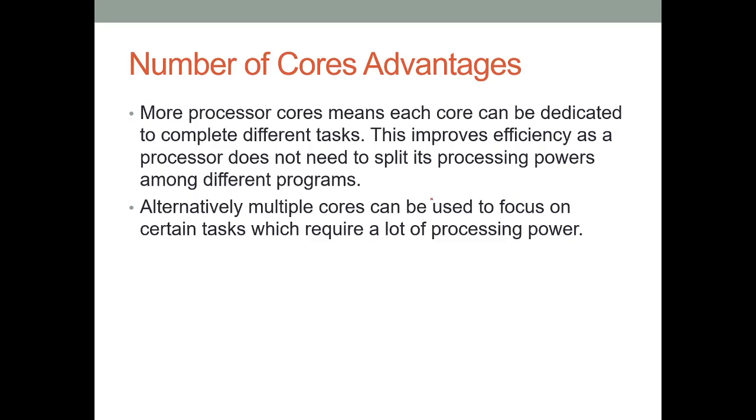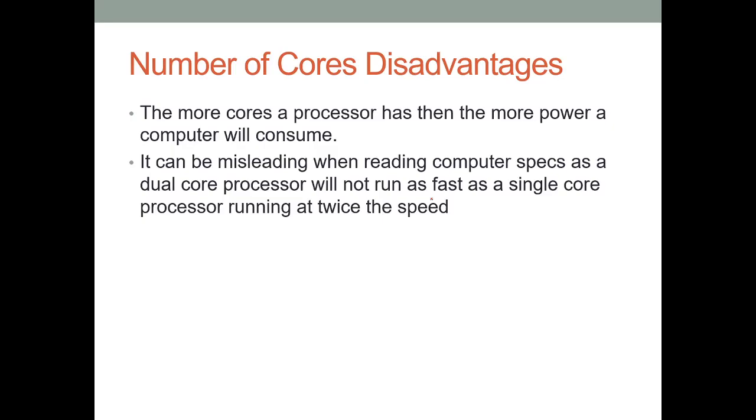That means it can do 4 things at once more effectively, and obviously quicker, without getting stuck. Alternatively, you can focus all that processing power into doing just one task really well.